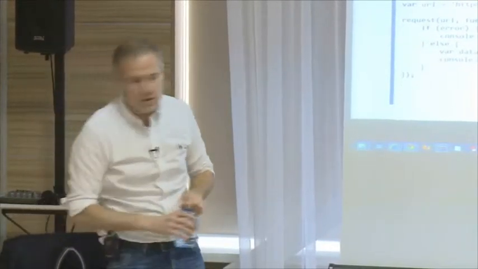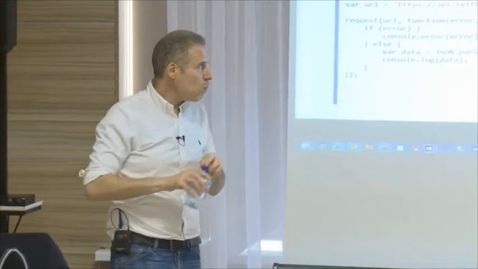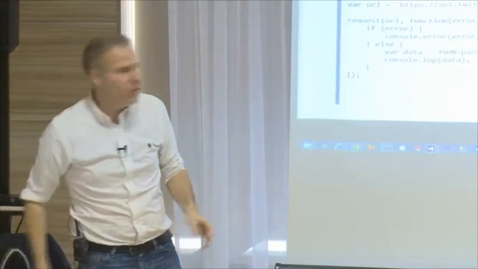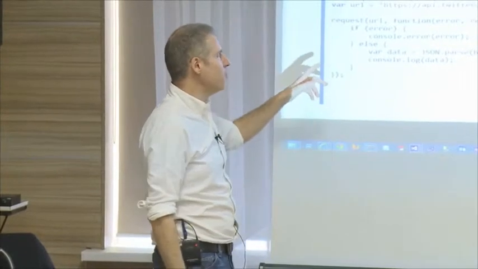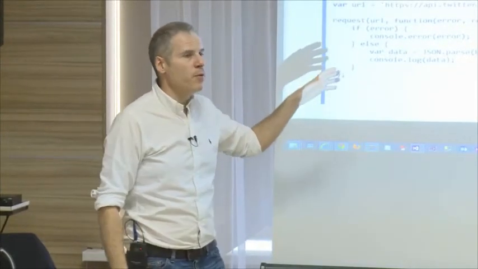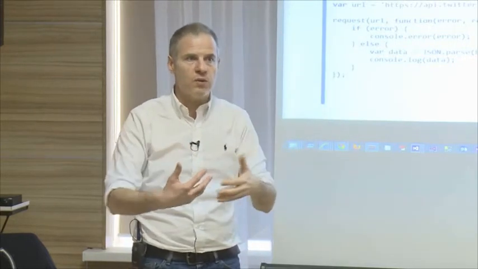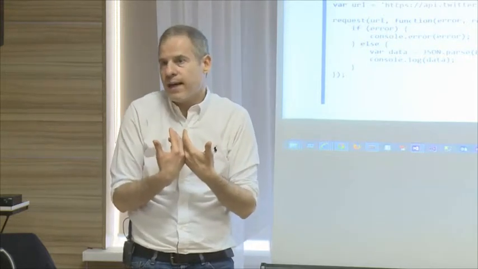So let's see some samples. This is the request module, and this is interesting because you can use this to invoke external services. As I said before, let's say that I want to query for my data on Twitter. Twitter exposes an API, a REST service that you can invoke to get data on accounts.